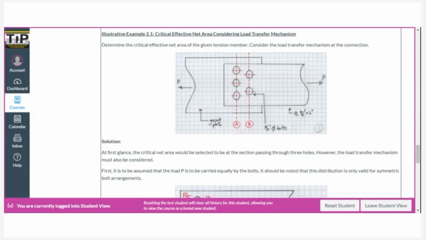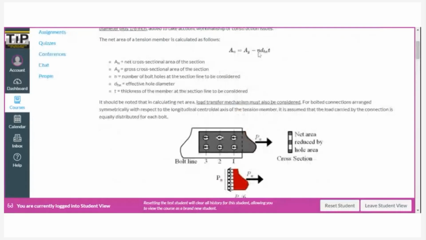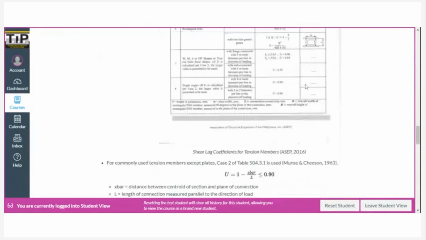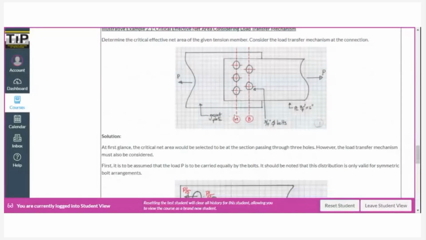So consider the load transfer mechanism of the connections. If we consider the formula alone, the more holes, the lesser the net area, right? So at first glance, you may consider that the one with 3 holes will be more critical. Why? Because it has more holes, so there will be less net area, right?